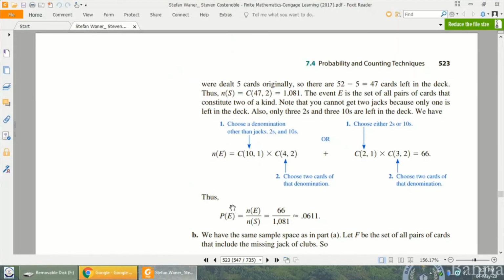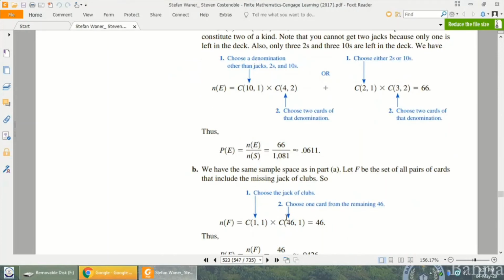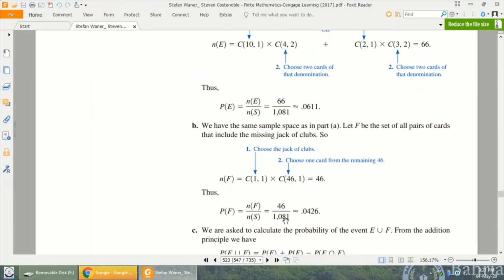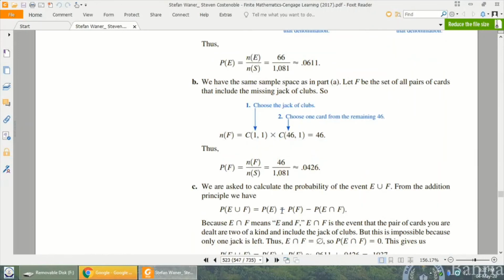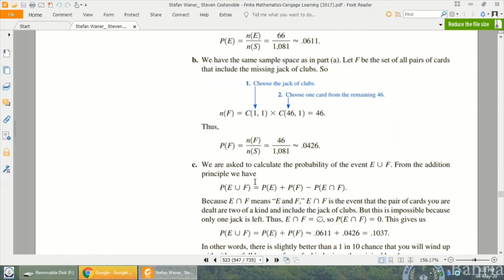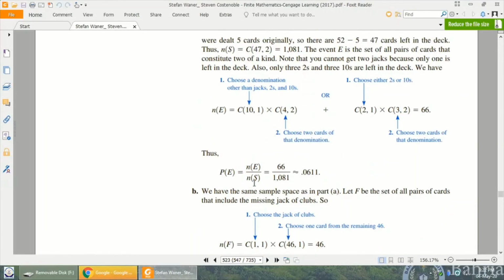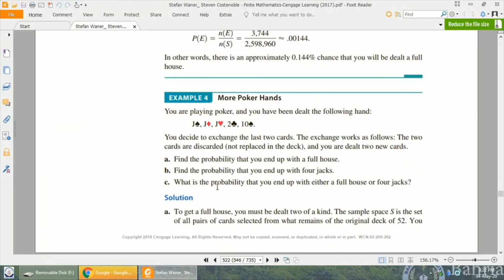So out of 47, 2 you have the sample space of 1081. So as you can see, this is 1081. And this is the same sample space where you again have 1 separated, because you're just going to be choosing that out of a possibility of just 1 jack left. Had it been all jacks inside this, then it would have been a possibility of 4C1, because you draw 1 out of 4, not just draw 1 out of 1.